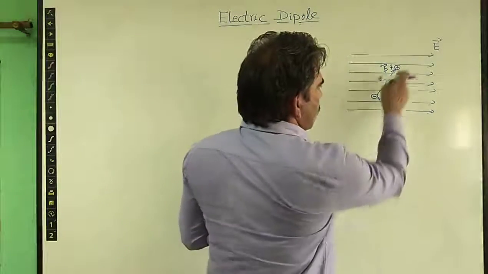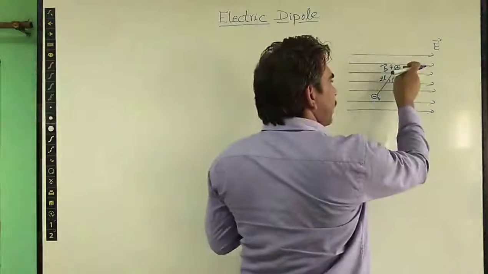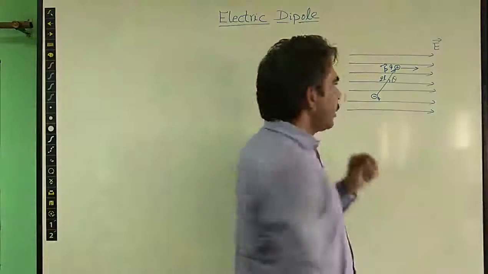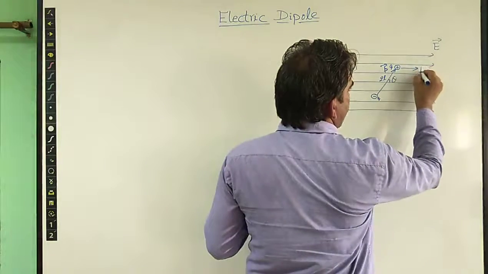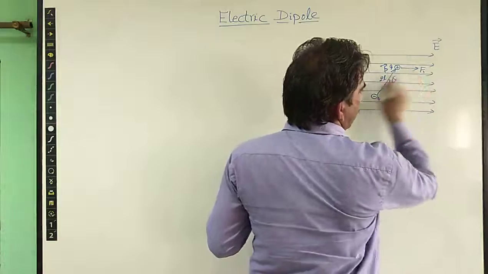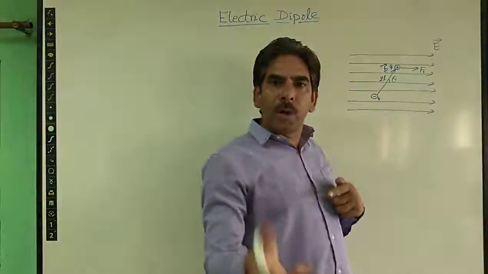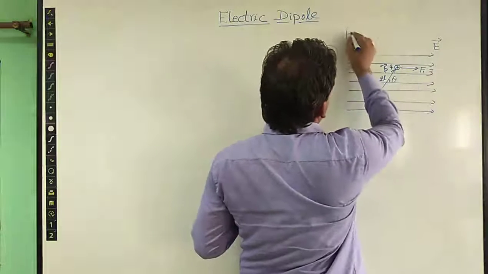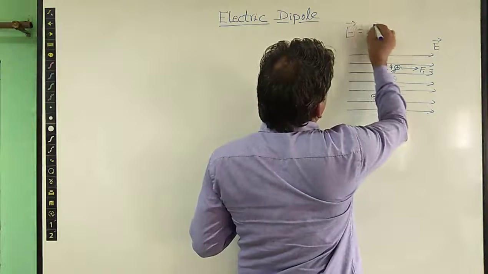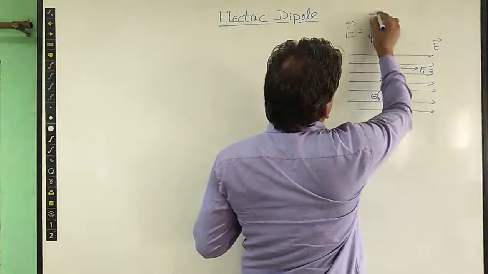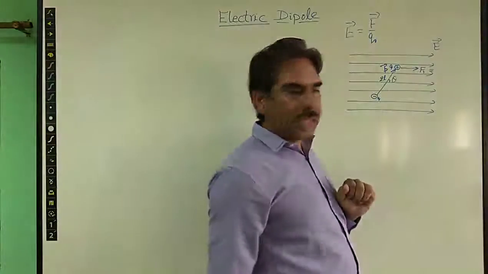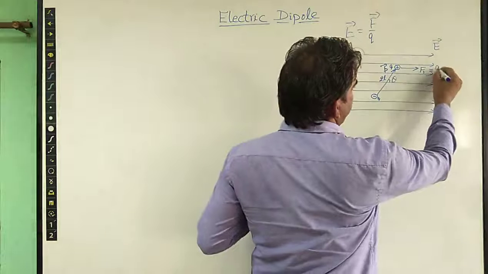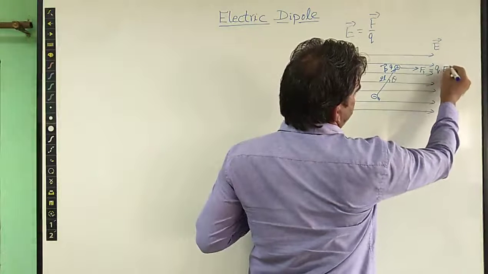The electric field will try to take the positive charge towards its own direction. Let us represent the force by F1 here. The direction of the force on the positive charge is along the direction of the electric field. So force F1 is equal to, because the electric field is the electrostatic force per unit test charge, and here the charge is Q, so the force reduces to Q into the electric field.